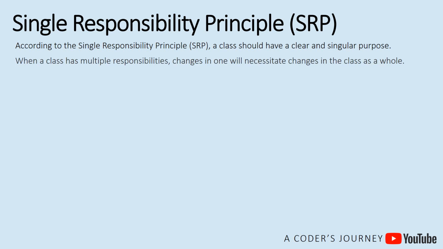So when a class has multiple responsibilities, whenever you want to make a simple change in one of the responsibilities, the other parts of the class will inevitably change as well. I mean, you have to change them in order to make the application functional. I believe we have all been there, right?